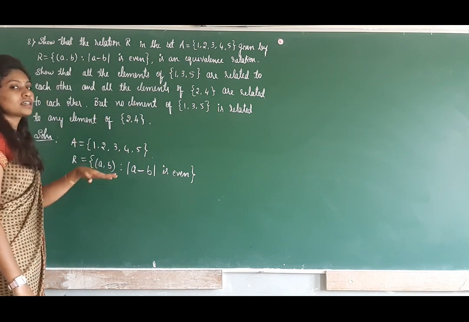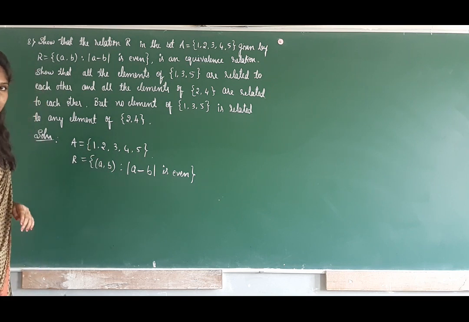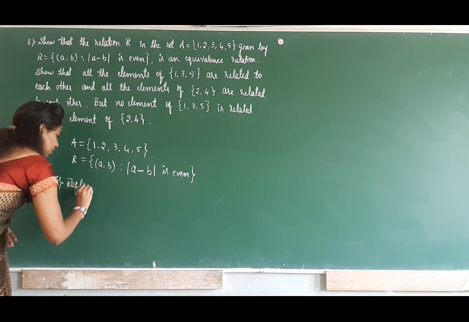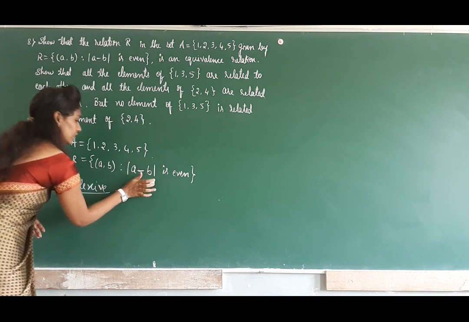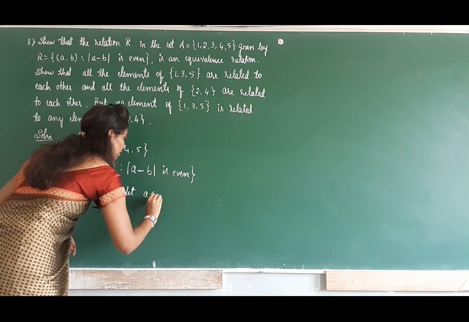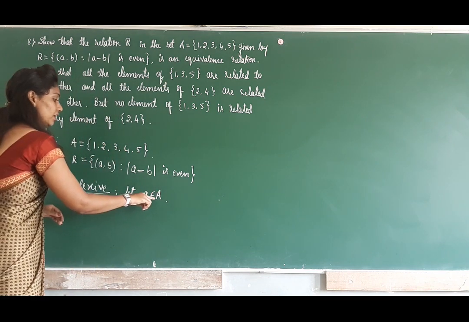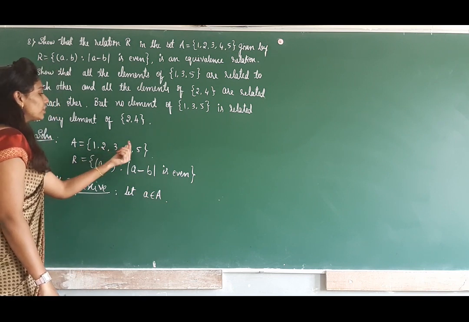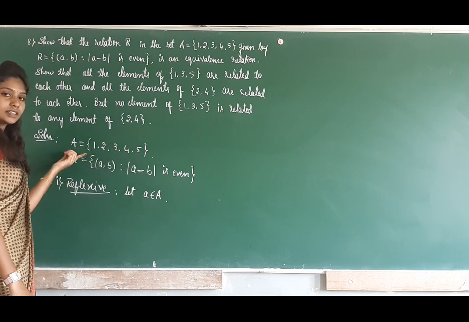Then how to show that the given relation is an equivalence relation? Equivalence relation means reflexive, symmetric as well as transitive. For the reflexive, we take an element a. Let small letter a belong to the set A. A means 1, 2, 3, 4 or 5, take any element of this set.